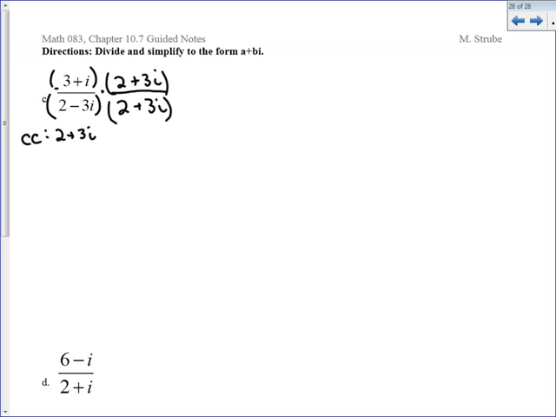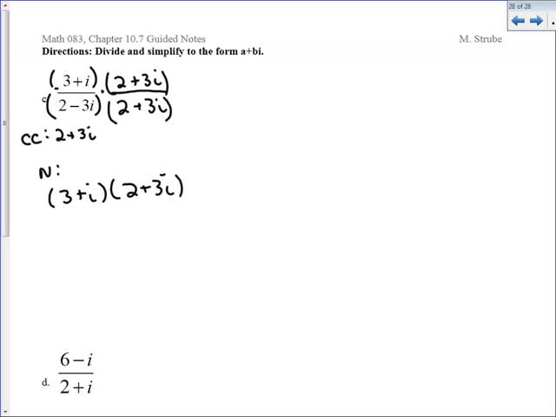So what am I going to have to do to multiply those numerators together? FOIL. Now, I don't usually work the FOILs out all in line. I'm going to work the FOILs out on the side and then just put my answers back together. So let's work out the numerator.